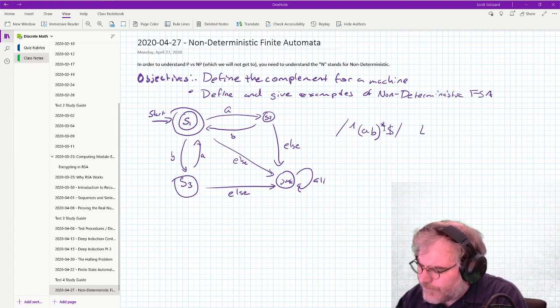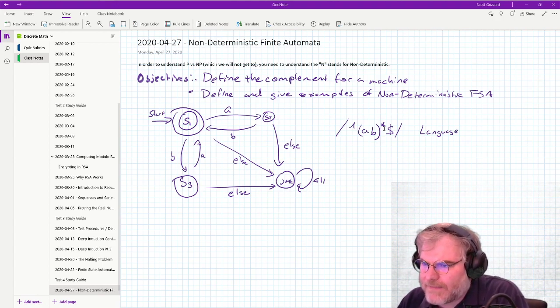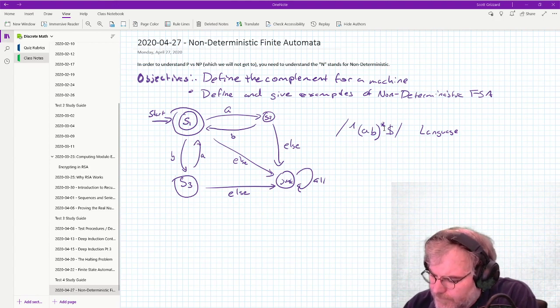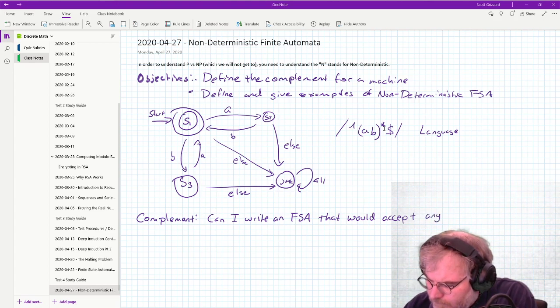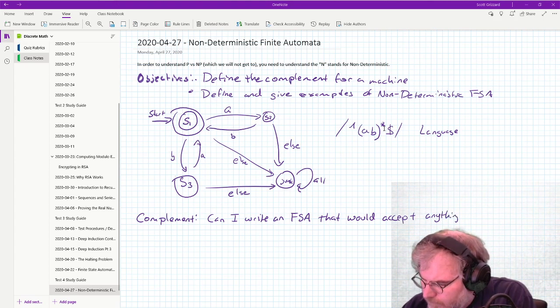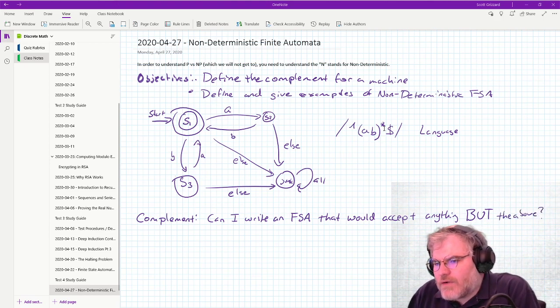This is called the language. Now, can I write a finite state automata that would accept anything but that? So how could I do that?